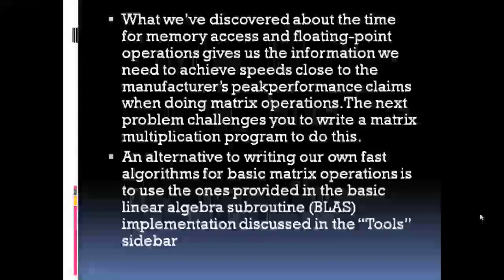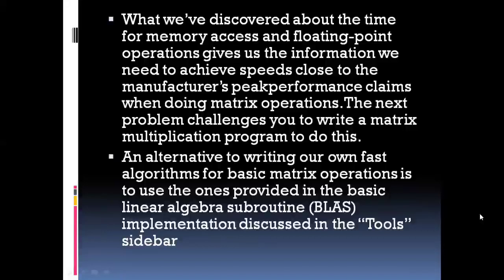What we have discovered about the time for memory access and floating point operations gives us the information we need to achieve speeds close to the manufacturer's peak performance claims when we are doing matrix operations. The next problem challenges us to write a matrix multiplication program.